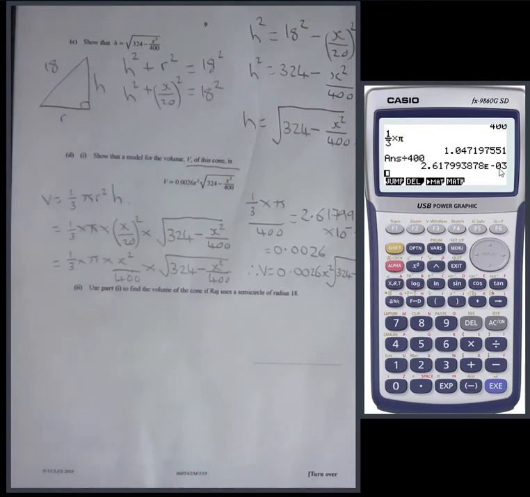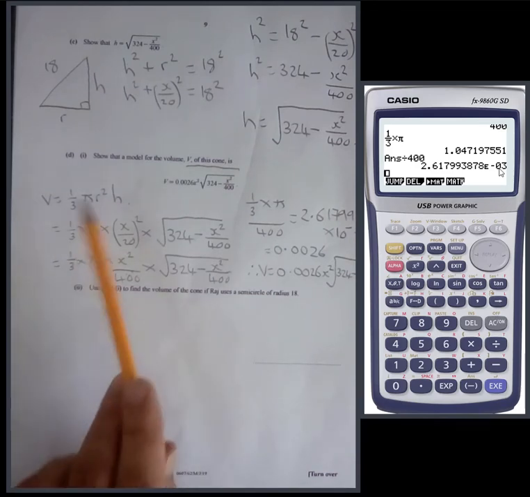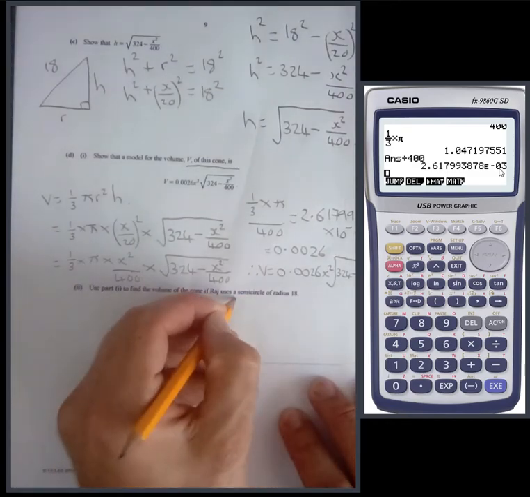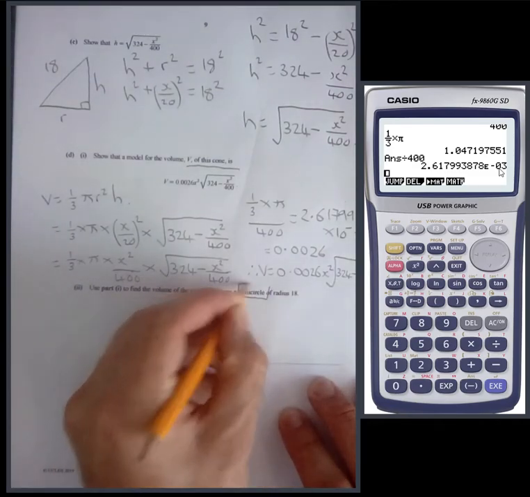I do think it's very strange that. Use part 1. Remember, if it just says part 1, it means part 1 of the same question, so it's this D1 here. Use part 1 to find the volume of the cone if Raj uses a semicircle of radius 18. So this keyword is semicircle.